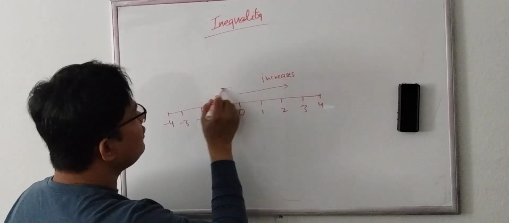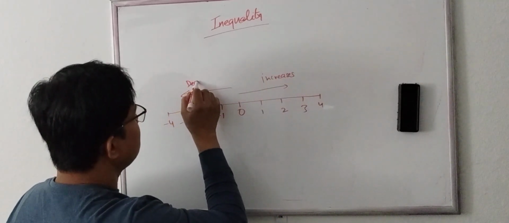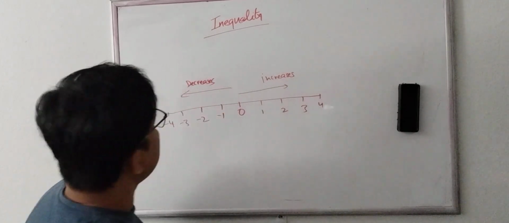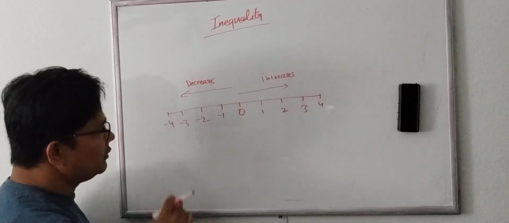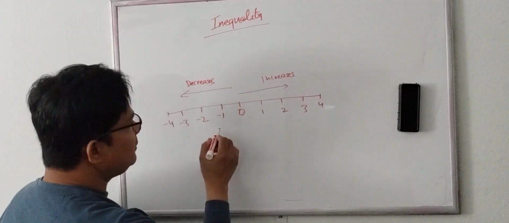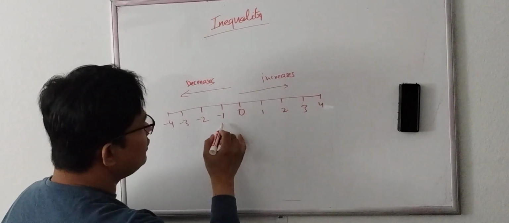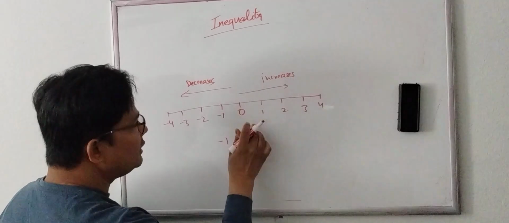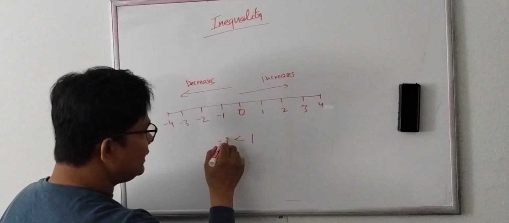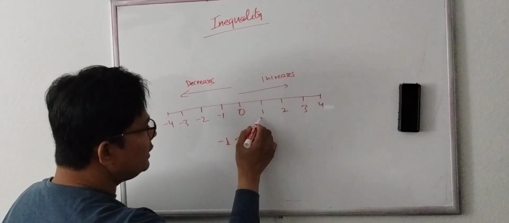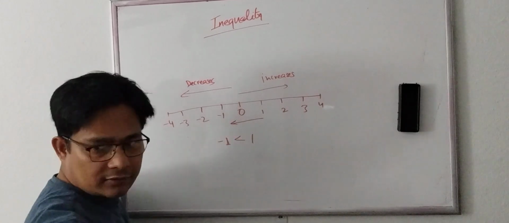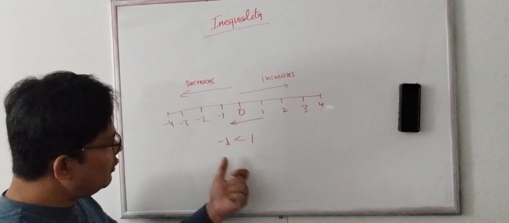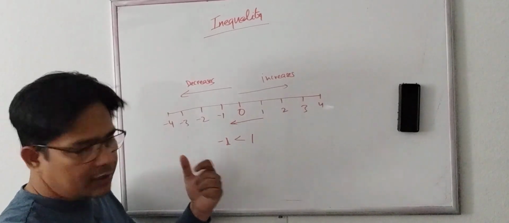If we go to this side, it decreases. So if there is some relationship like -1 is less than 1, it means the number which is less than will be on the left side. Any number that is smaller will always be on the left side of the number line with respect to the other number.